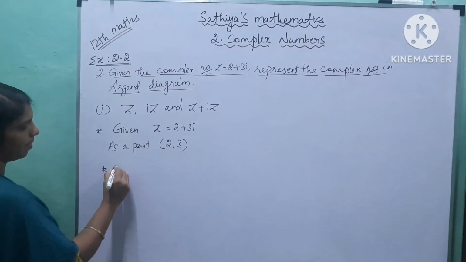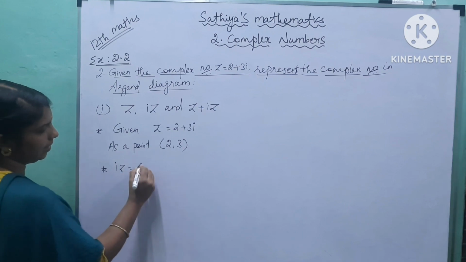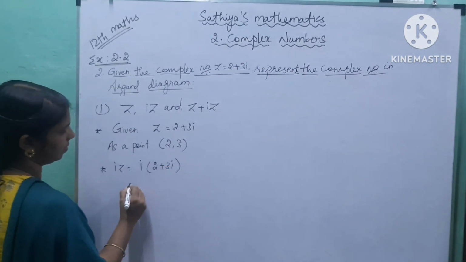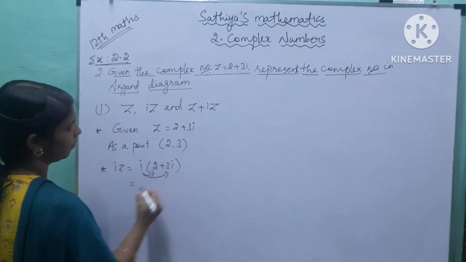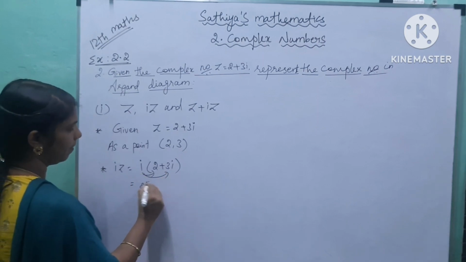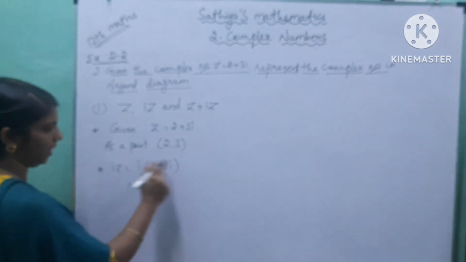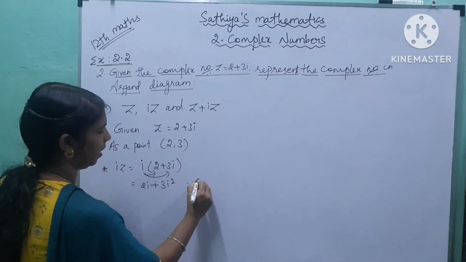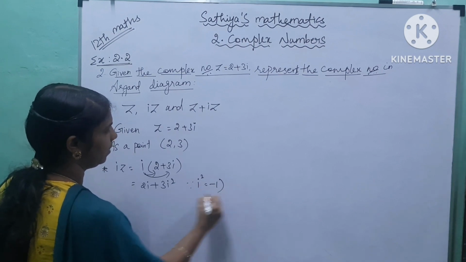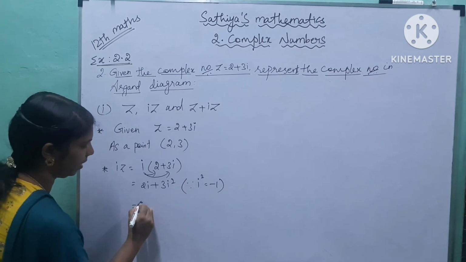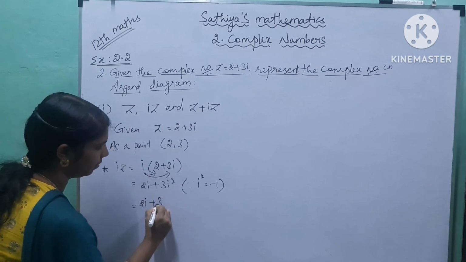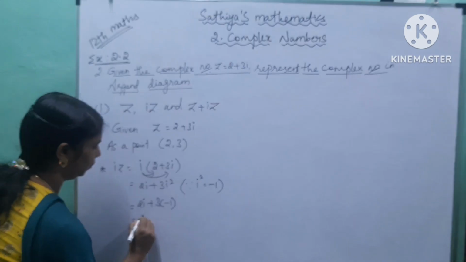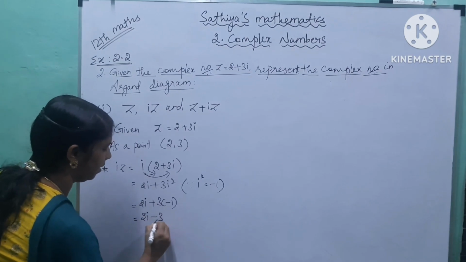The next one, iz, that is i into z, i into 2 plus 3i, multiply term by term. 2 into i is 2i, plus 3i into i is 3i square, and we know that i square is equal to minus 1. So replace i square by minus 1. 3 into minus 1 is minus 3. So 2i minus 3 we will get.